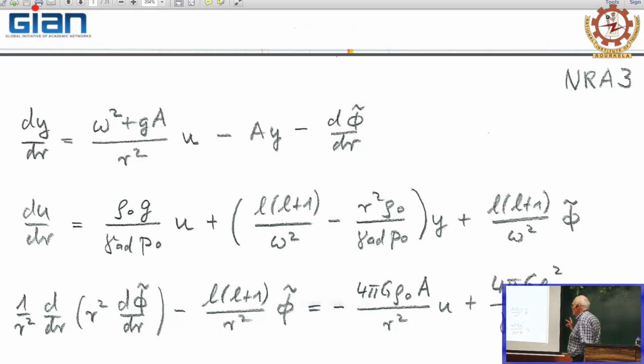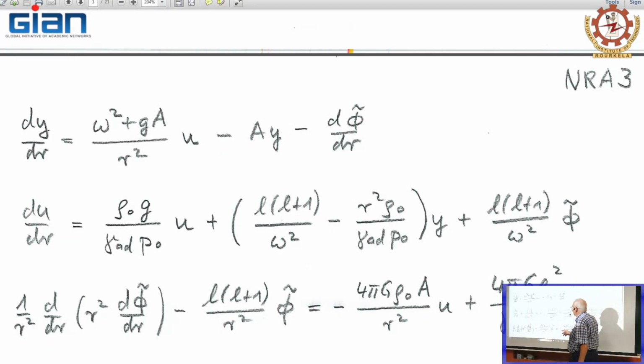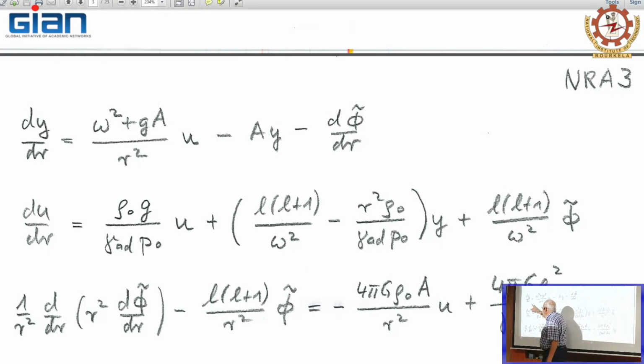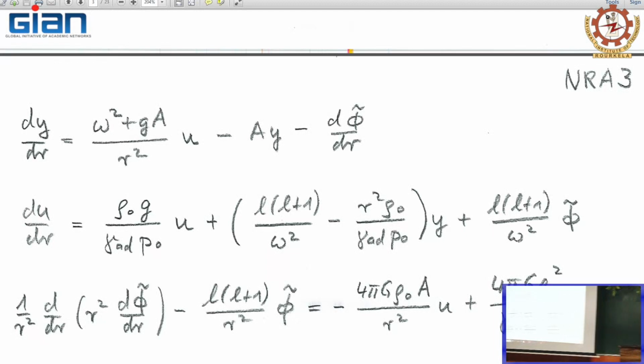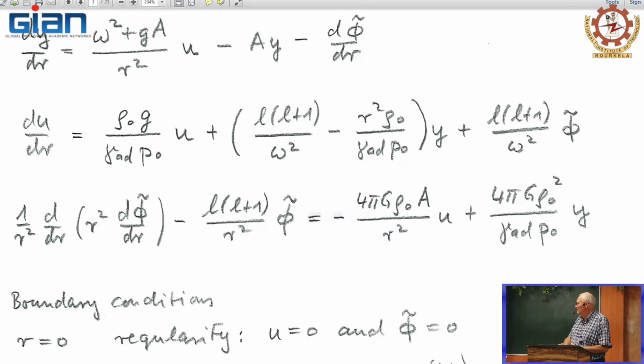So we have three variables. We have y and u as variables, and we have the potential and its derivative as the new variables. This is the formulation according to Ledoux and Wallraven.